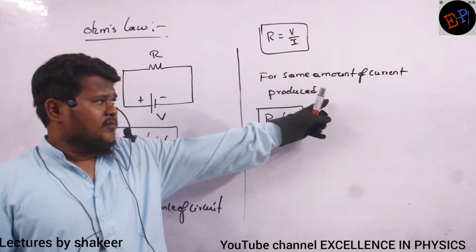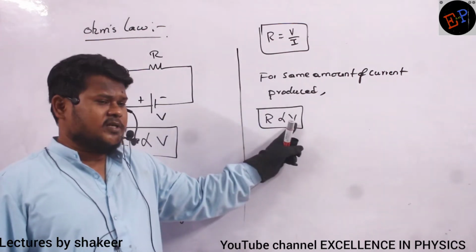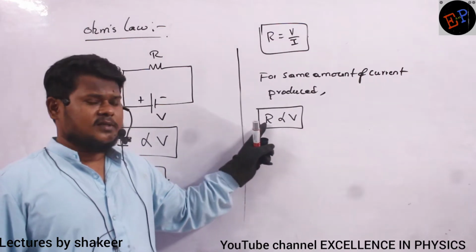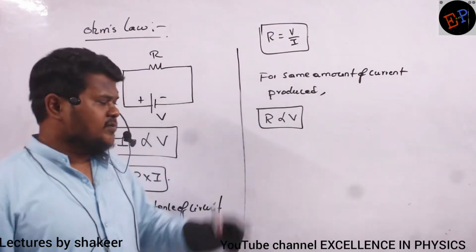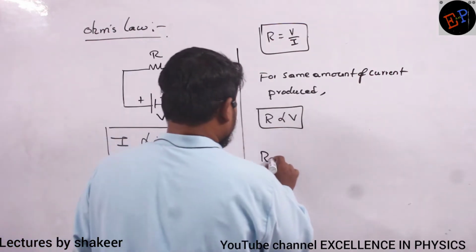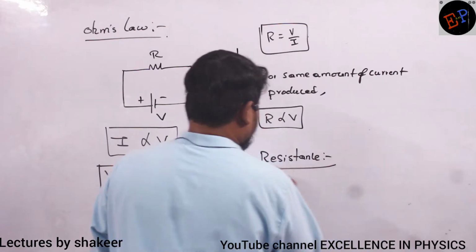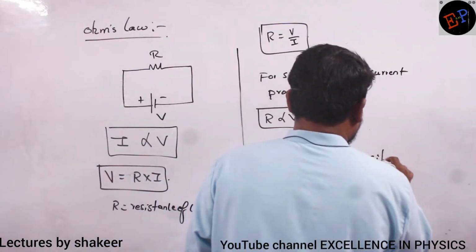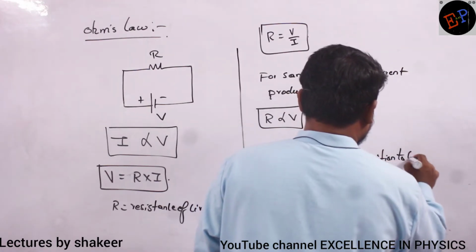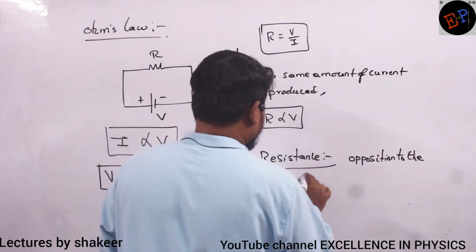So I want the current to be the same. If I increase the potential difference, what do I have to increase? I have to increase the resistance automatically. And what is meant by resistance? Resistance is nothing but opposition to the flow of current.